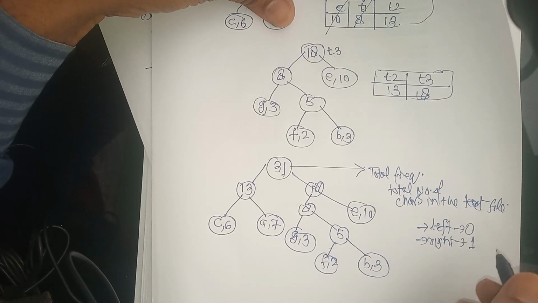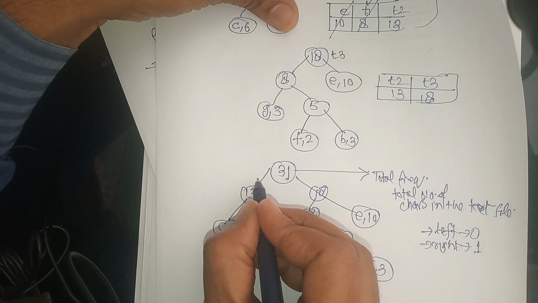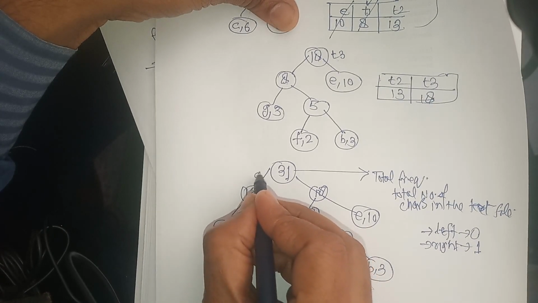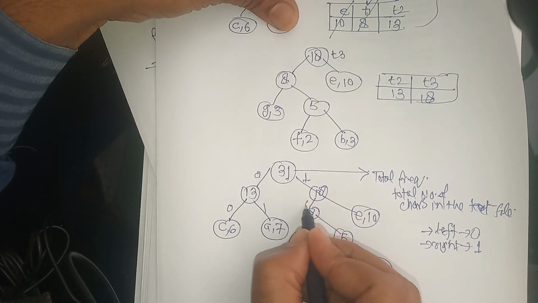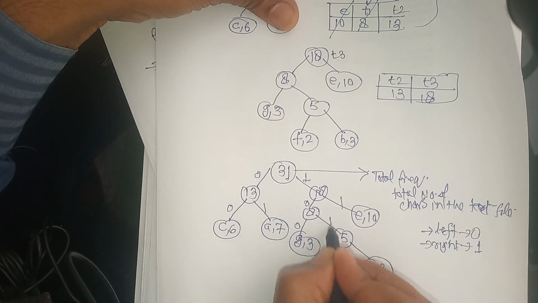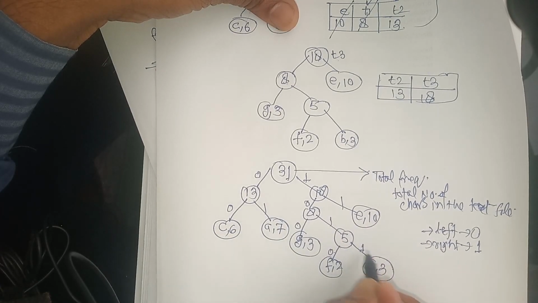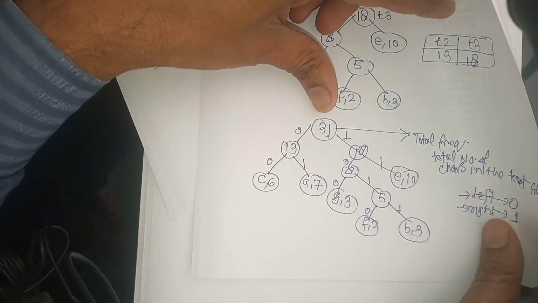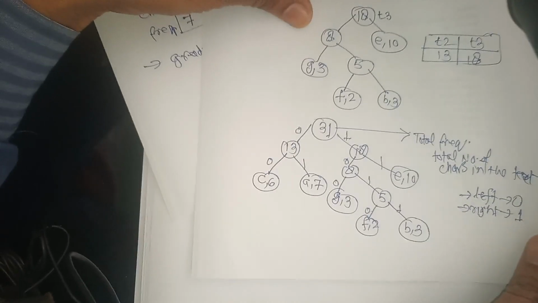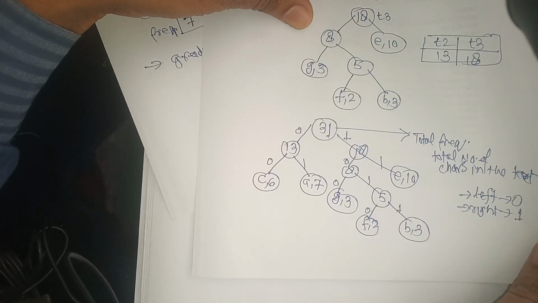So according to this rule, we will label this tree. So left is 0, right is 1, 0 1 0 1 0 1 0 1. So we have labeled the tree.